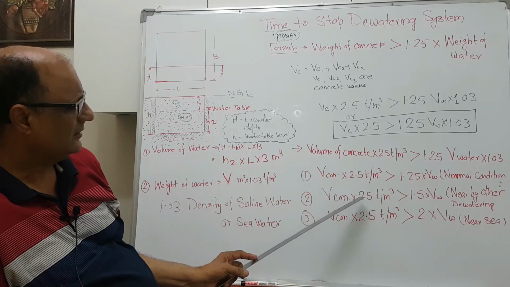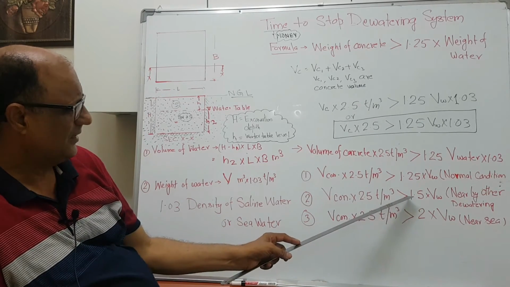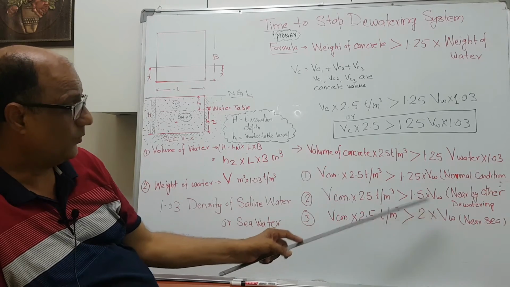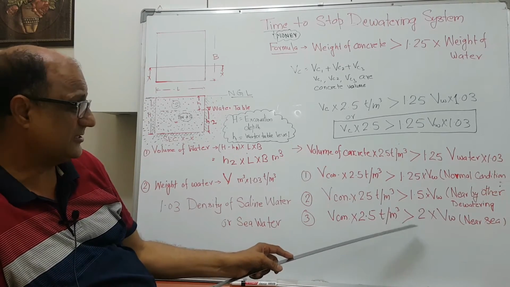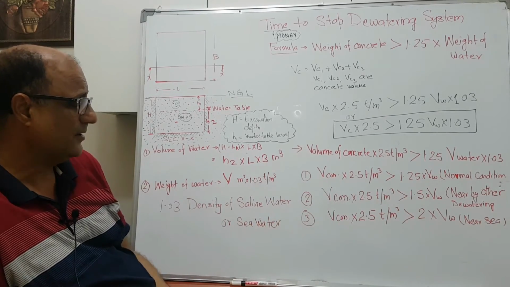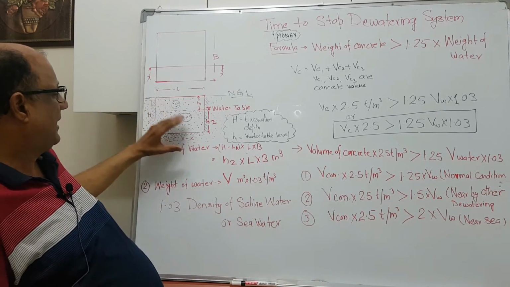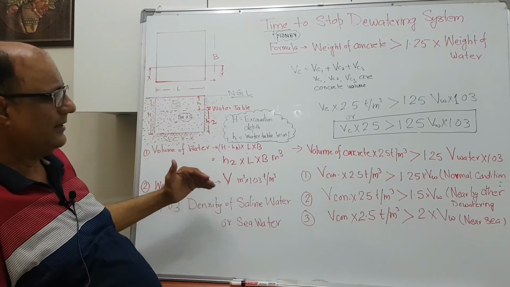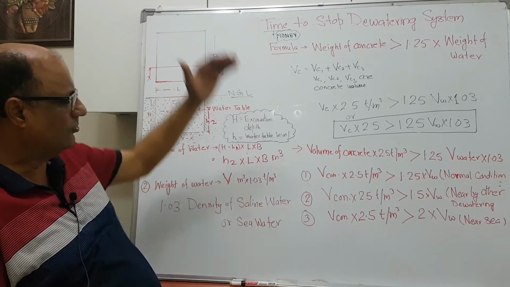If we are near the sea, then the factor of safety will be increased to 50%. But if we are very close to the sea, then 25% and 50% are not enough, because the sea level varies maybe twice in a day, and this may vary from plus 2 meter to minus 2 meter.